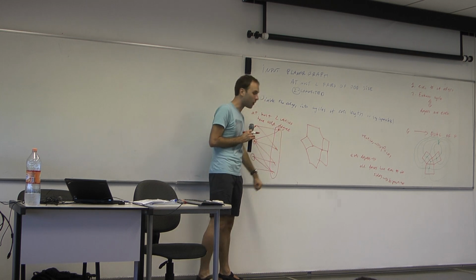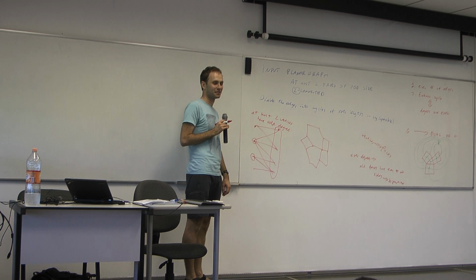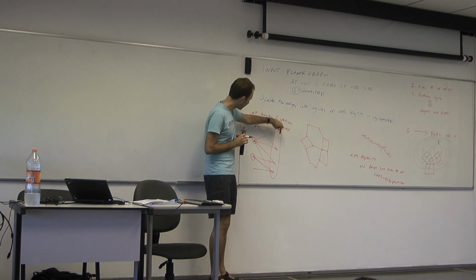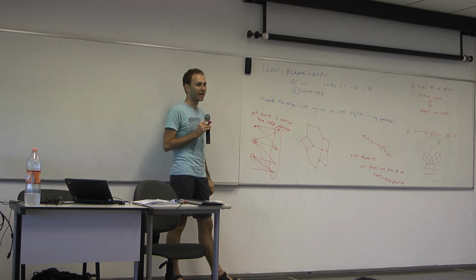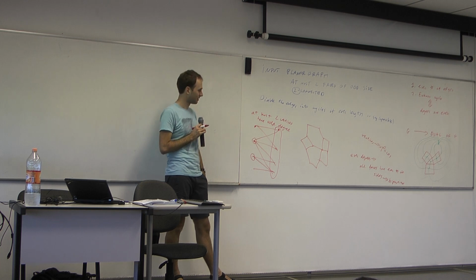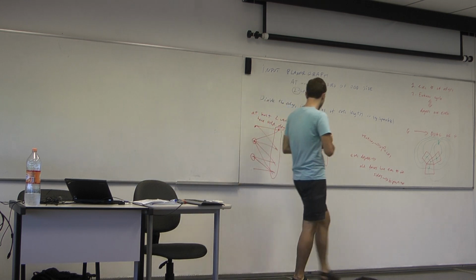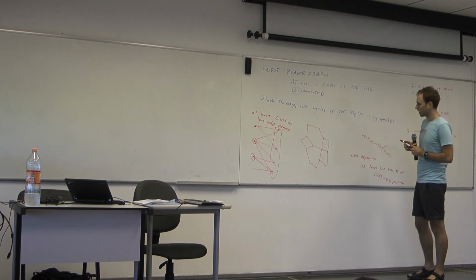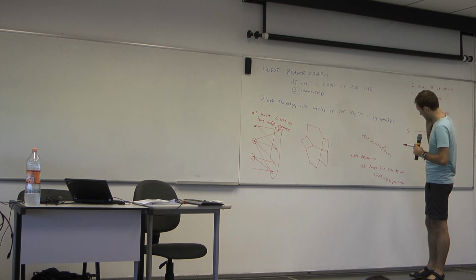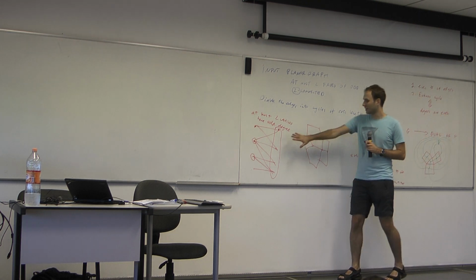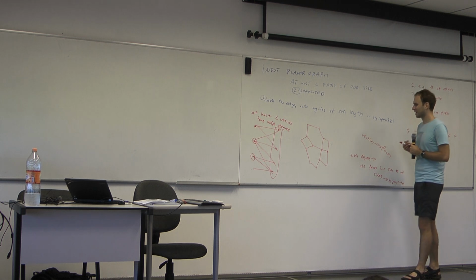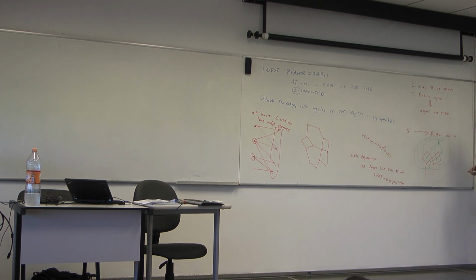These faces all have an even number of sides. And moreover, these faces cover all edges. So what just happened is that we have shown that we can color the faces of our graph with two colors.